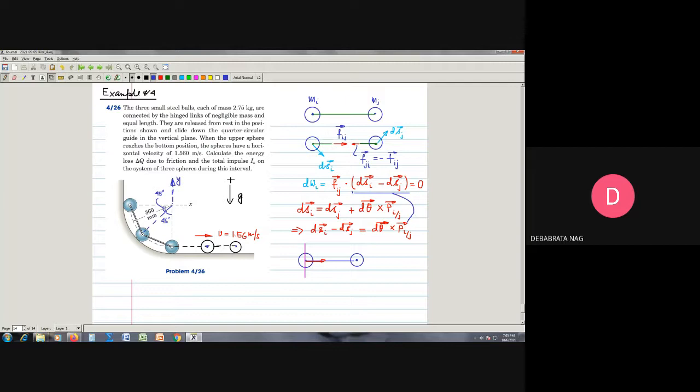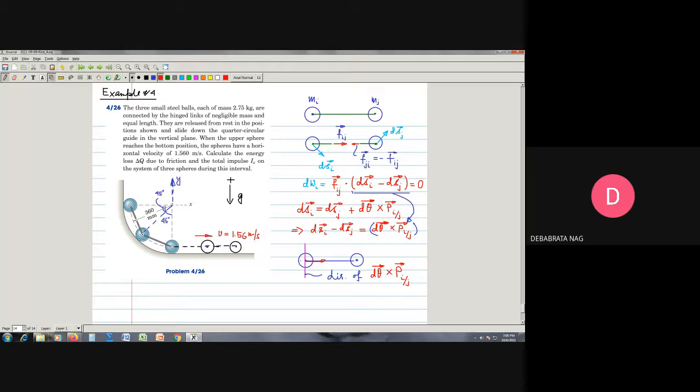This vector is basically equal to this one, and this is the direction of d theta bar cross the relative position vector of i relative to j.